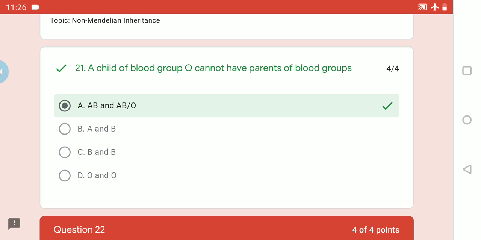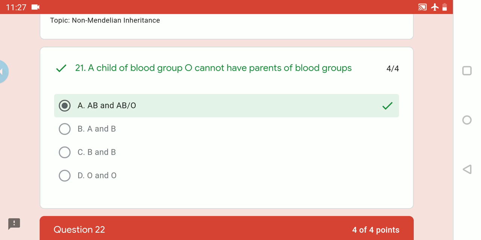If it crosses with AB, in the next generation there may be AA or AB, AA or AB, and there will be BB. There is no possibility of the O blood group.